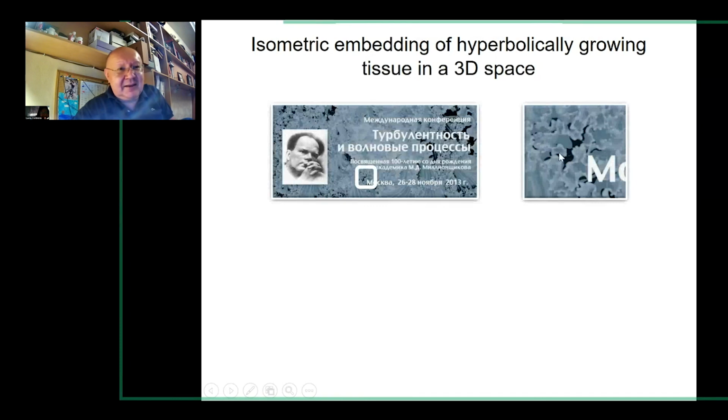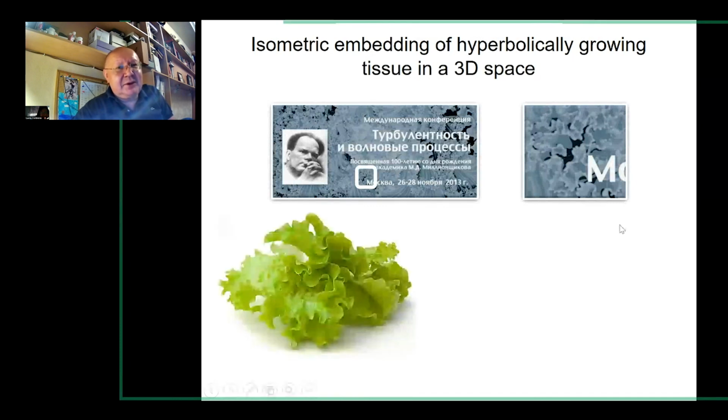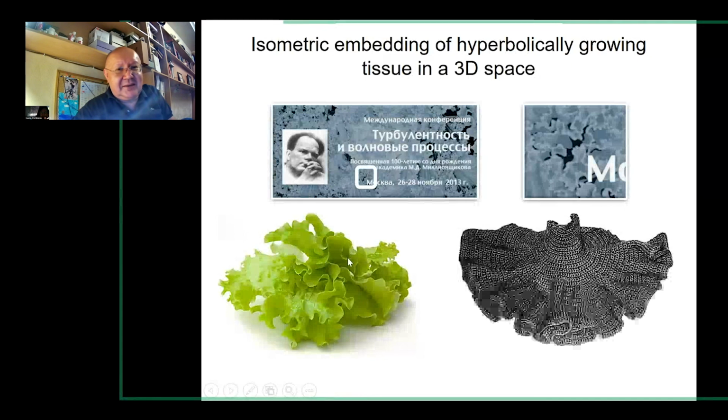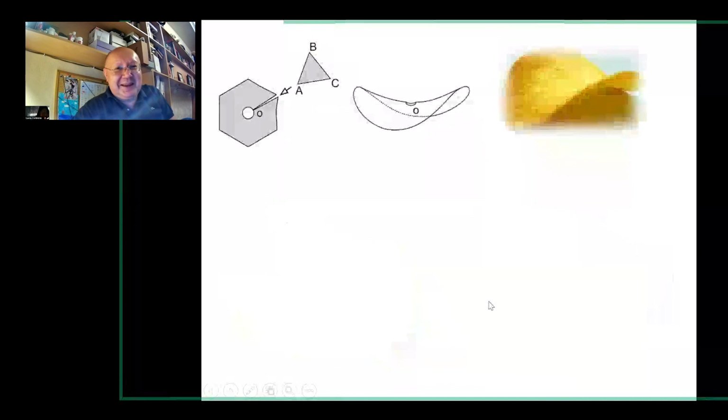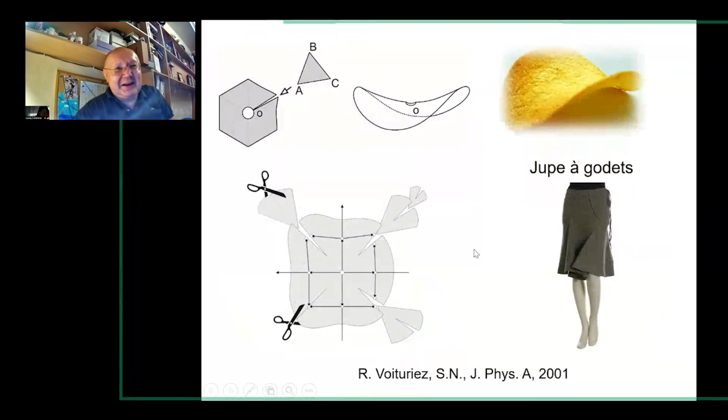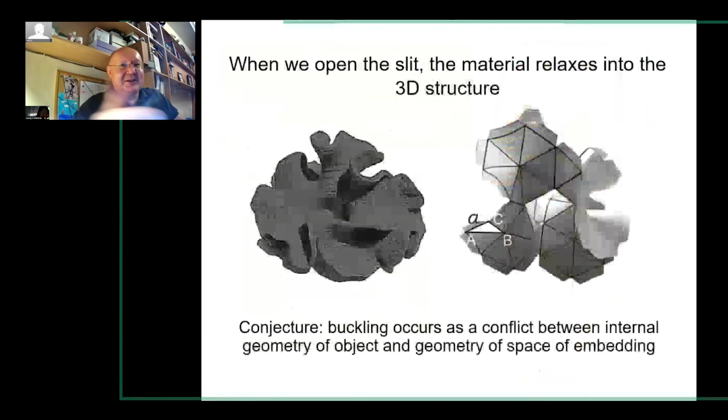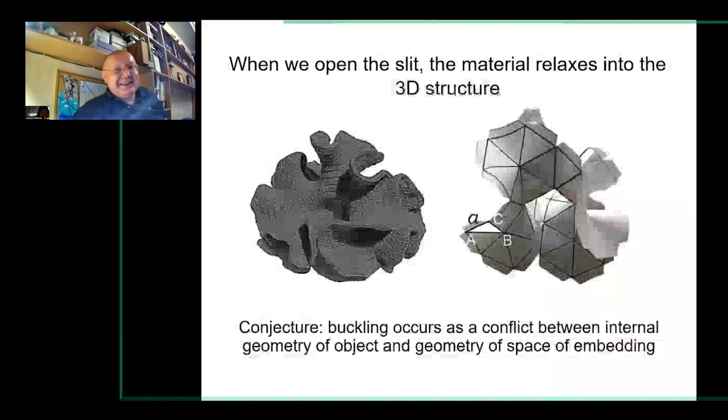I asked him, and finally he said, "Okay, yes, I made a picture of this leaf in order to mimic the turbulence." Then my wife said, "Okay, so why this but not this? This is the so-called jupe godet," which is how you can create by hand the hyperbolic space. Just like that. This is what my son has done.